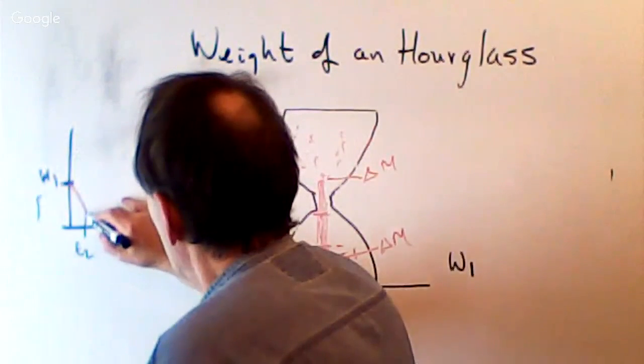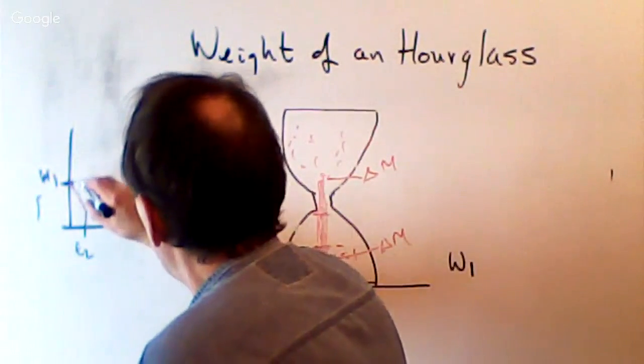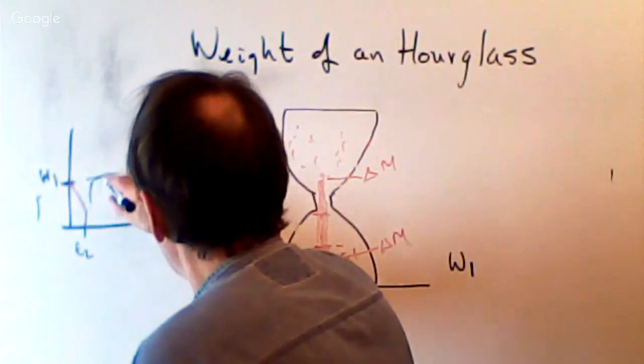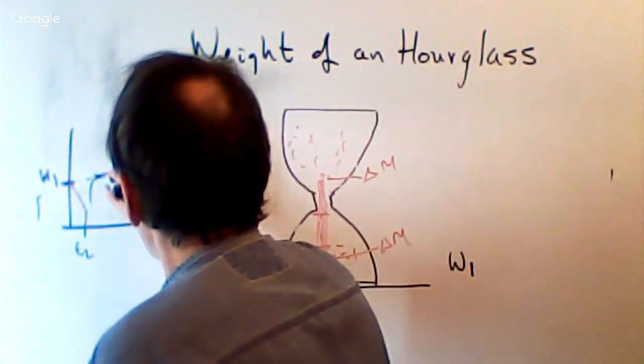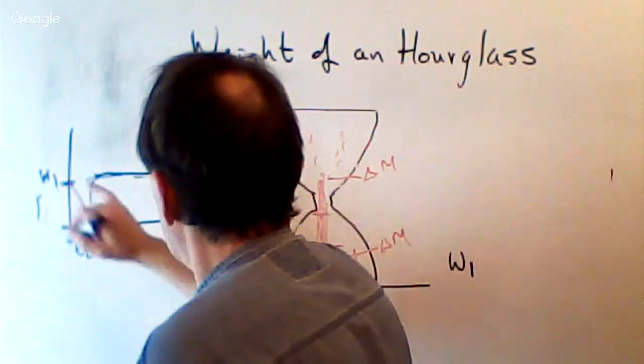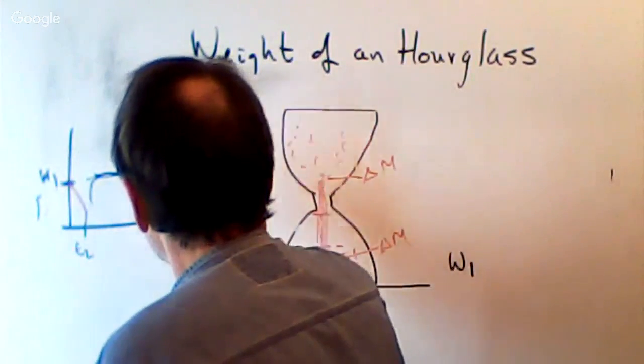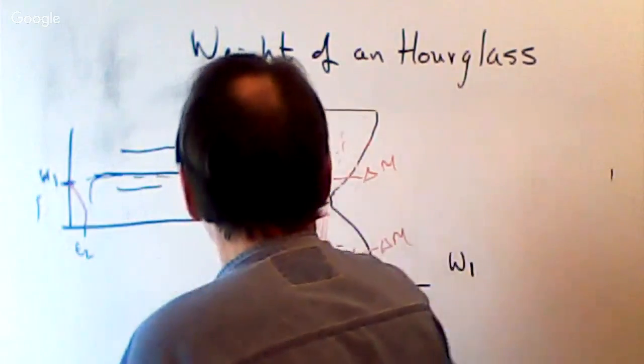Now, is this thing going to jump up and come to the initial weight, and while the sand is pouring, it's going to be in steady state? So the question is, is the steady state the same as the initial weight? Is it up above or is it below?